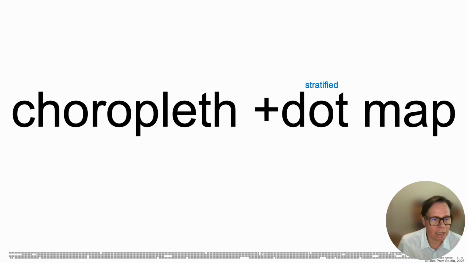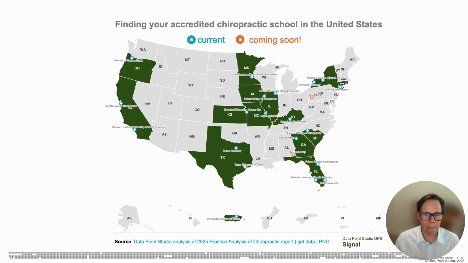Or we can tell a story, depending on what the question is, that combines or layers the different maps, both the choropleth as well as a dot map. And we can go one detail more specific without overwhelming the senses. We can develop a map like this. This would be useful to students who are considering entering into chiropractic school and they're saying, where should I go?